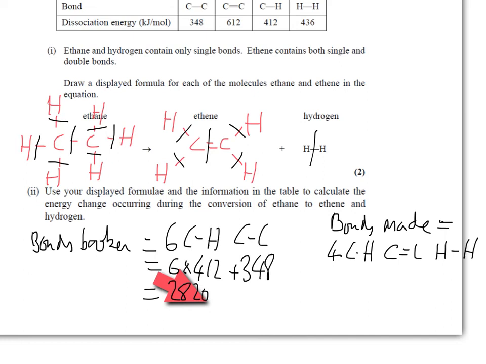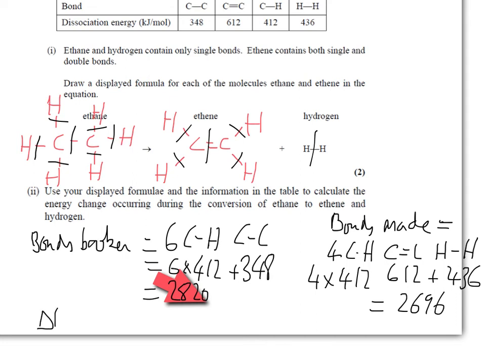So CC double bond is 612, HH 436, and 4 times CH, so that's 4 times 412, okay, and that comes out as 2696.